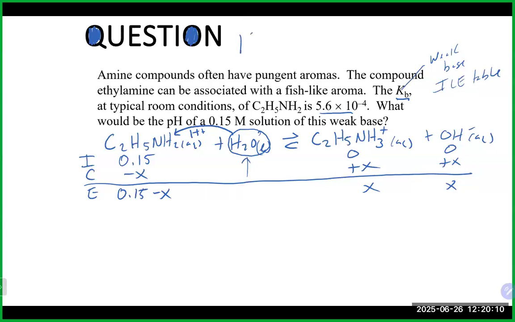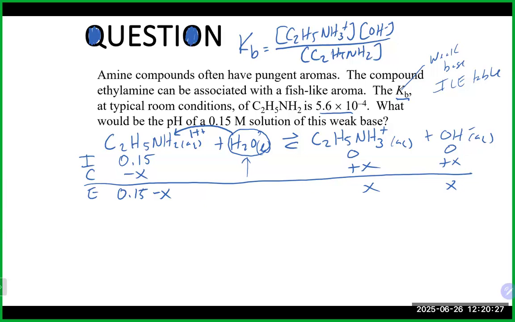I can now write our Kb expression, which is our products, C2H5NH3 plus and OH minus, all divided by our original weak base, C2H5NH2. That is going to equal 5.6 times 10 to the minus 4.